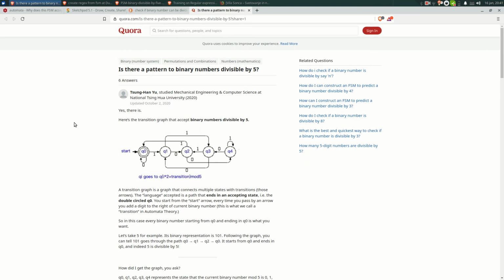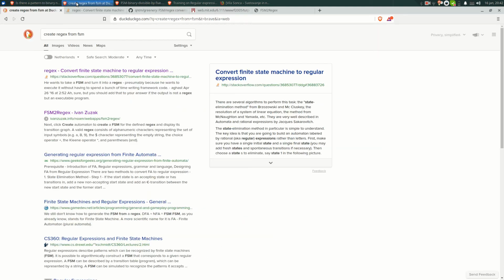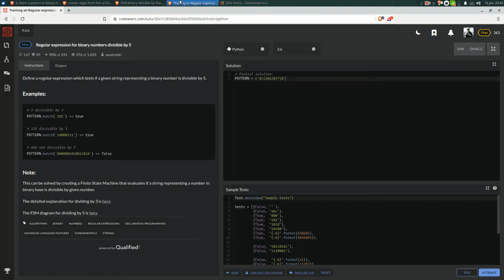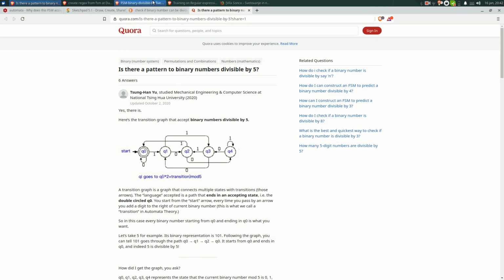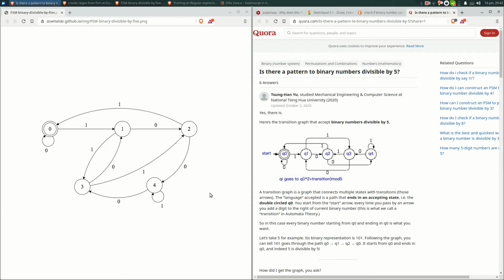Alright, so basically we get this finite state machine that we also have over here, and I think that these two are pretty much the same, except that over here it is explicitly said that the accepting state is also the start state, and we got pointers from 2 and 0 back to it, and everything else.